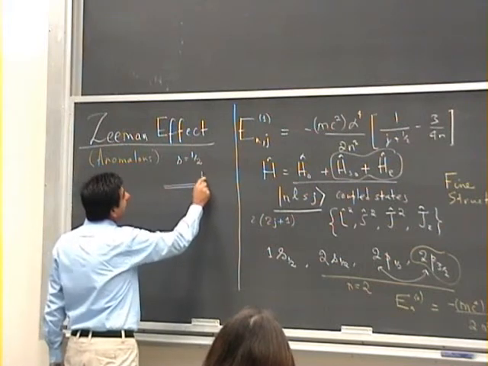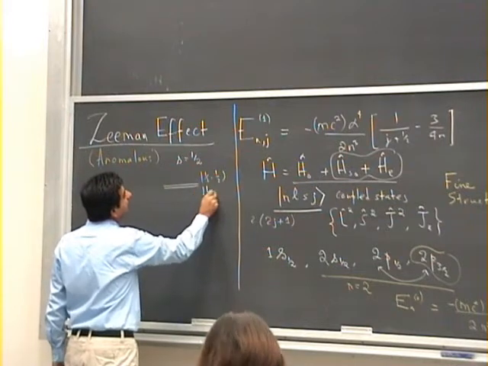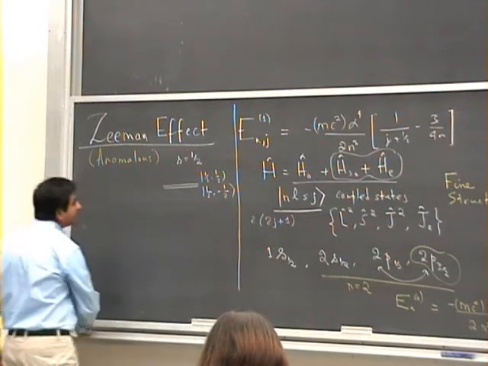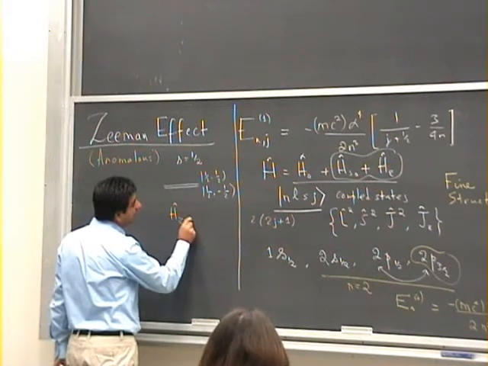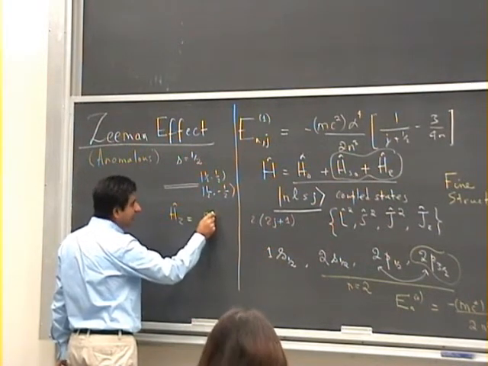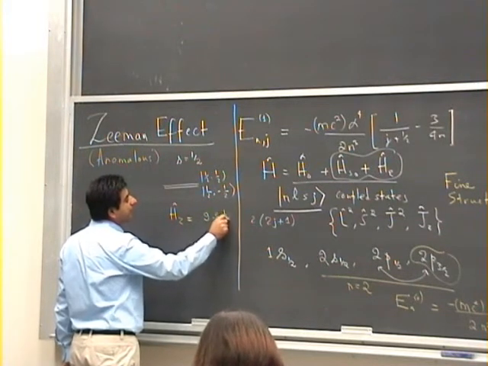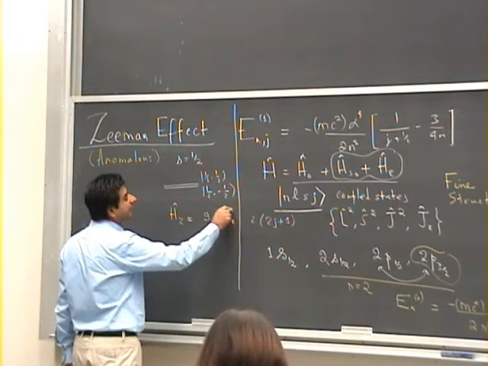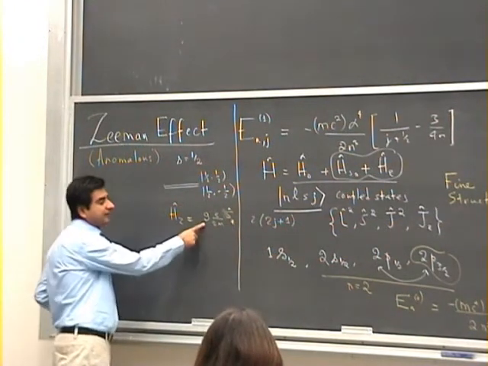One will be plus half, the other will be minus half, corresponding to the 2 values of Ms. And when we place this inside a magnetic field, we apply a Hamiltonian, let's call it the Zeeman Hamiltonian, which is some g e over 2m times Sz. So we apply a magnetic field along the Z direction. So this is the Hamiltonian that is applied, where g is the Landé g factor.